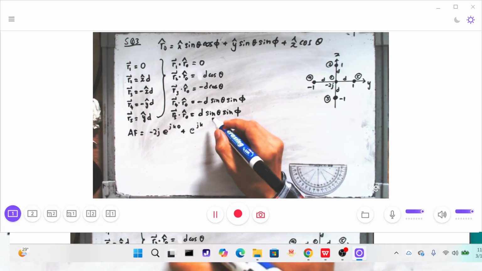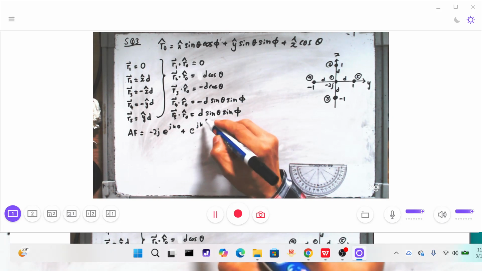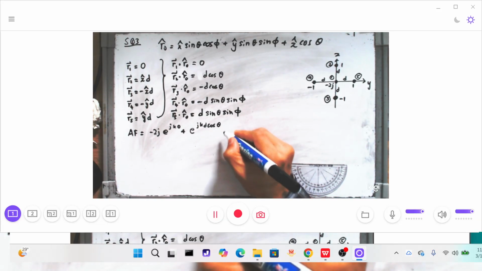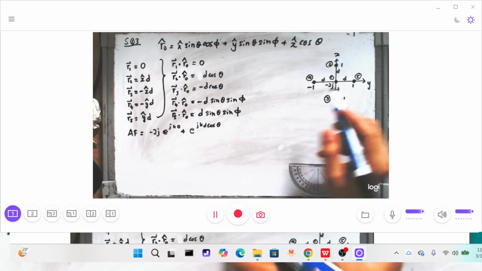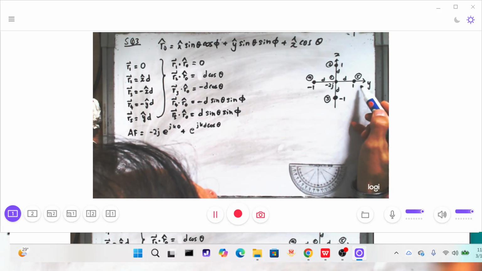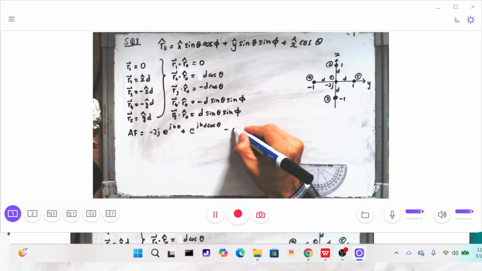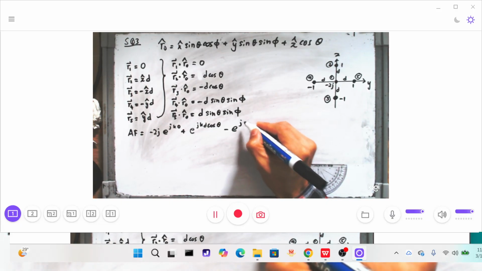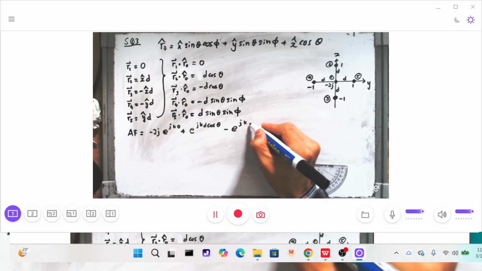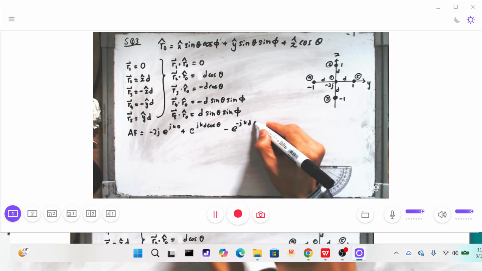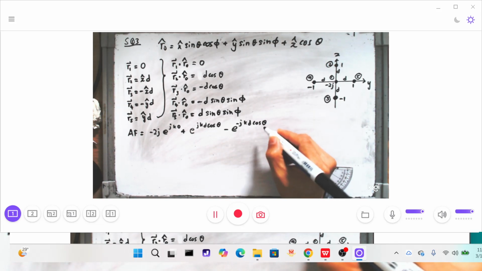And then for the second one, the cosine theta. And the third one has an excitation of -1. So -1, e to the power jkd, and by the way, this is minus, right, cosine theta.